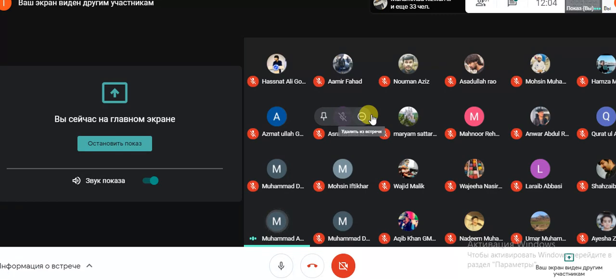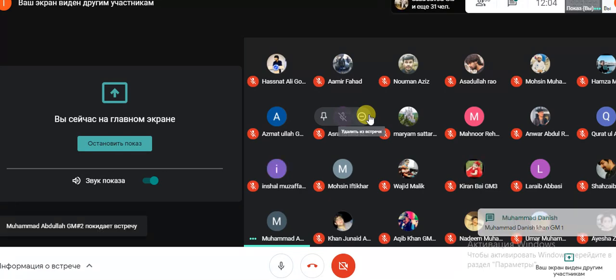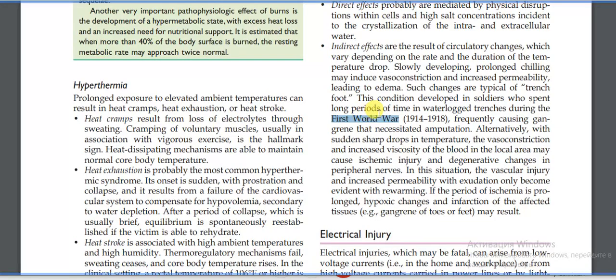Instead of localized effects to the leg, they get generalized effects of the body cold, and freezing of the entire body happens. So after vasodilation, that's why it's not a good option. Temporarily it helps, but not for long term effect.